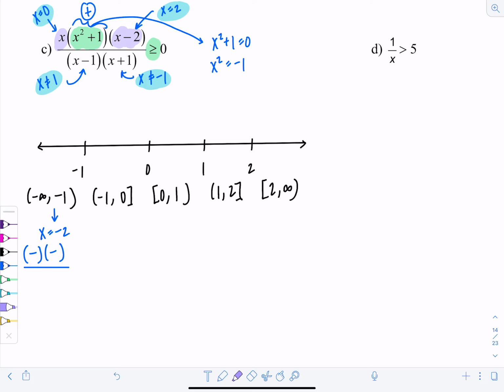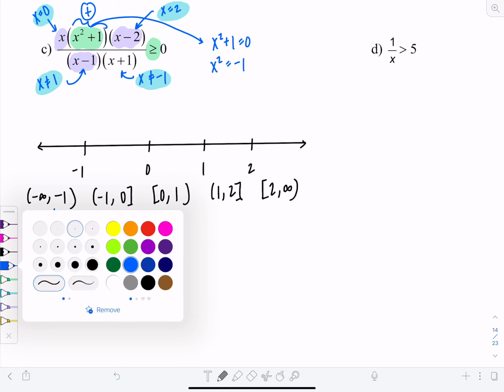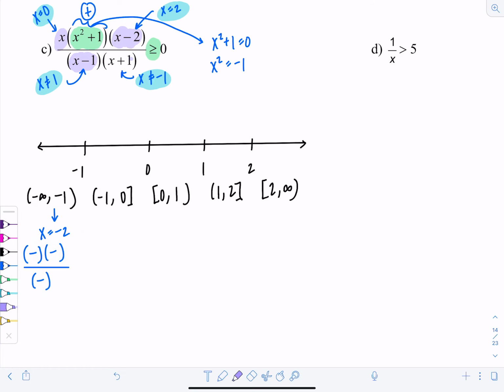Then negative 2 minus 1, that's negative. And then negative 2 plus 1, that's also negative. Oh my goodness, we're so negative today. So 4 negatives, right? Just count them up. That's going to give us a positive value for anything in this interval. Are positive numbers greater than or equal to 0? They are. So that interval works.